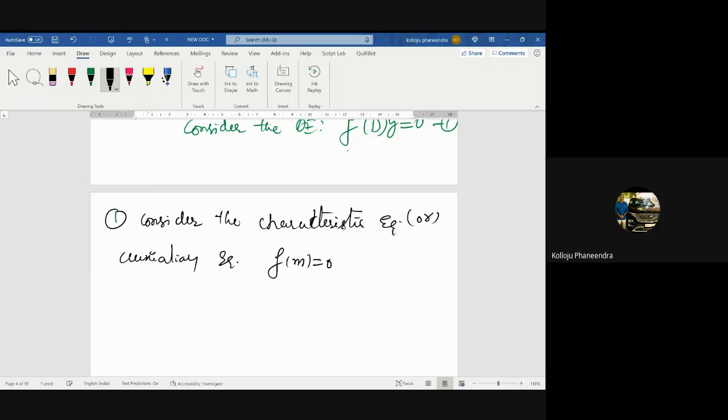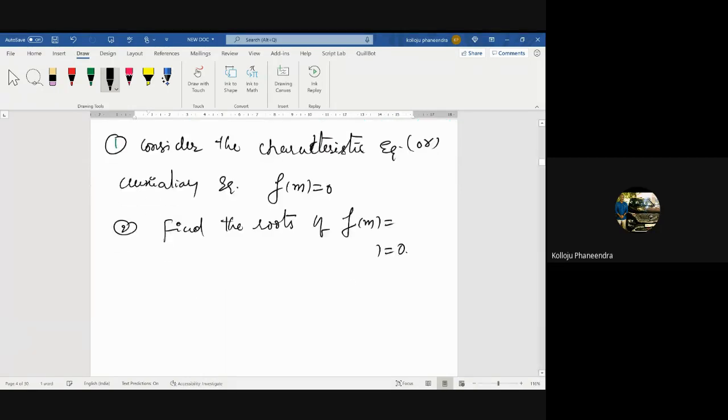That means what? In f of D, replace D by m and equate it to 0. Second one. Find the roots of f of m equal to 0.